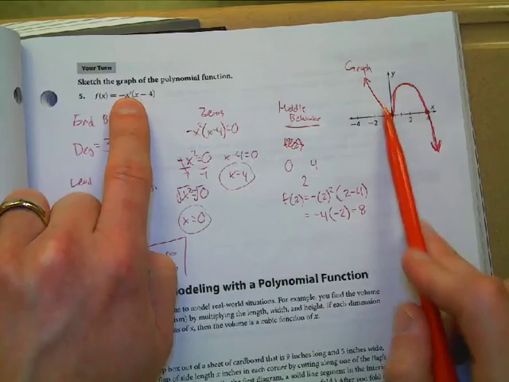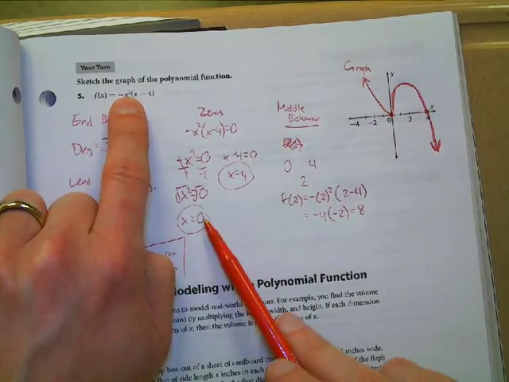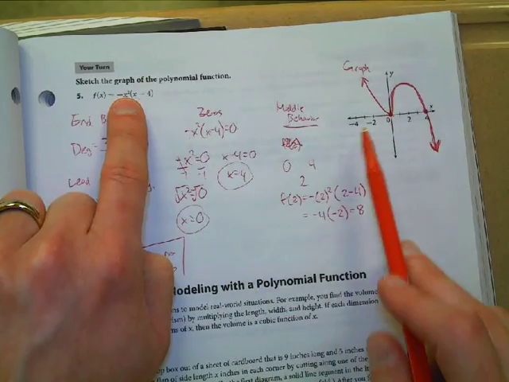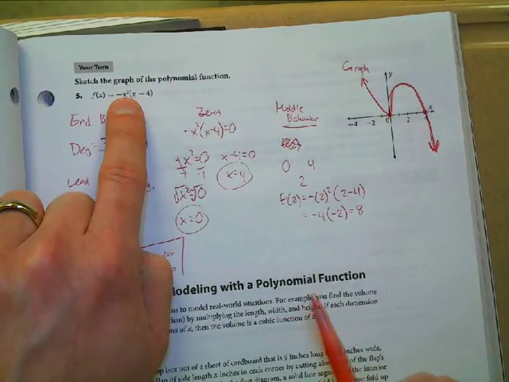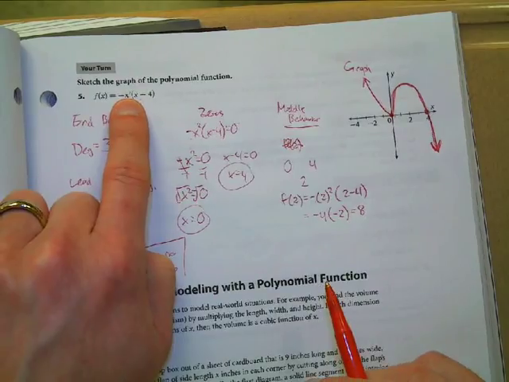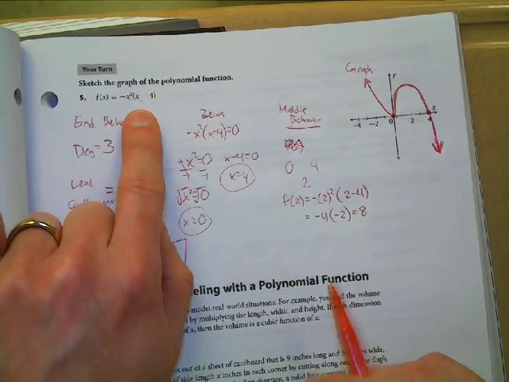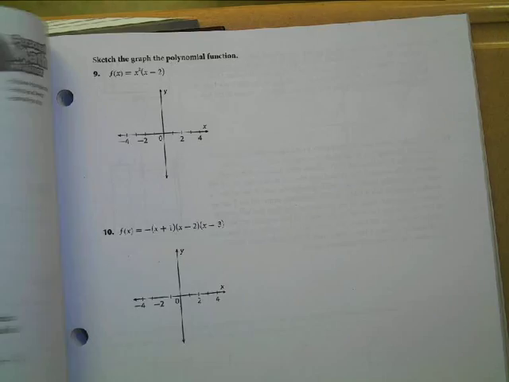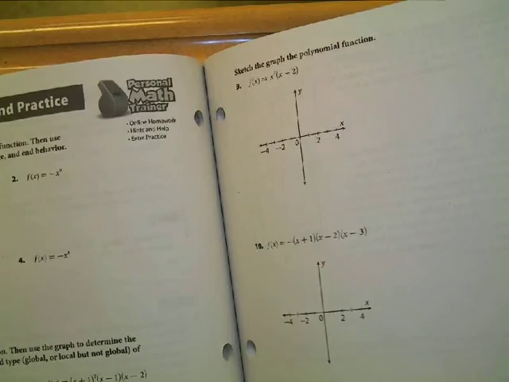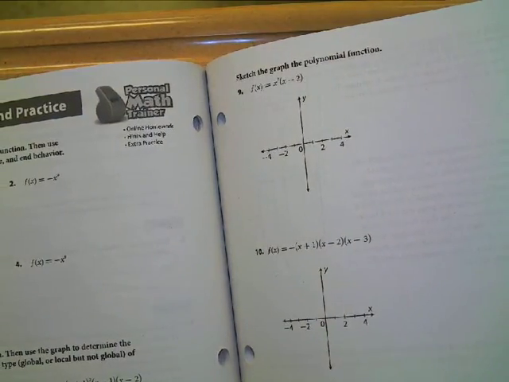So let's get you guys an opportunity here to try these. I would like you guys to try numbers 9 and 10 on page 259. Okay, 9 and 10. I'll just have you do 2 because these do take some time. So 9 and 10 on page 259.